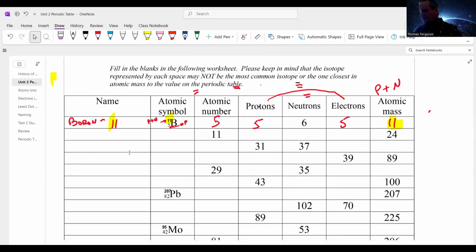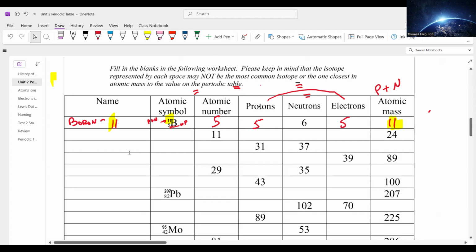Okay, so let's do this 29. Okay. What is the element that corresponds to element 29? Yes, it's copper.